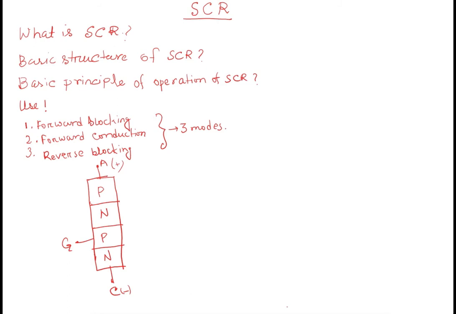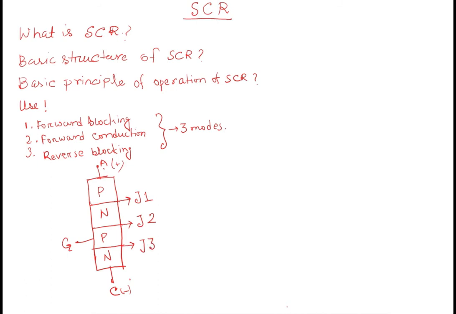First we will apply a positive voltage at the anode and negative voltage at the cathode, and the gate will be kept at zero potential or it can be disconnected. In this PNPN device there are 3 junctions. Suppose this is J1, this is J2, and this is J3.